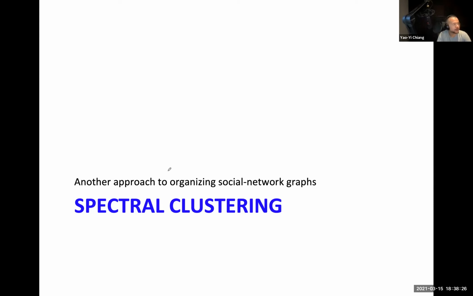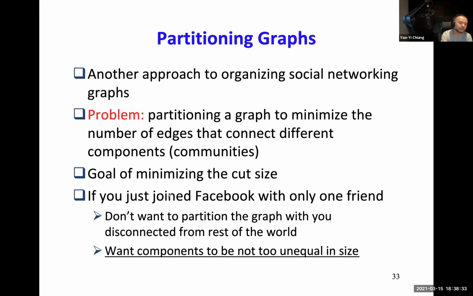So the next topic we are going to talk about is spectral clustering. This is also very, very useful and a common approach in partitioning graphs, so in graph theory, but also in image processing and computer vision. This method is also very useful, and I'm going to show you how.